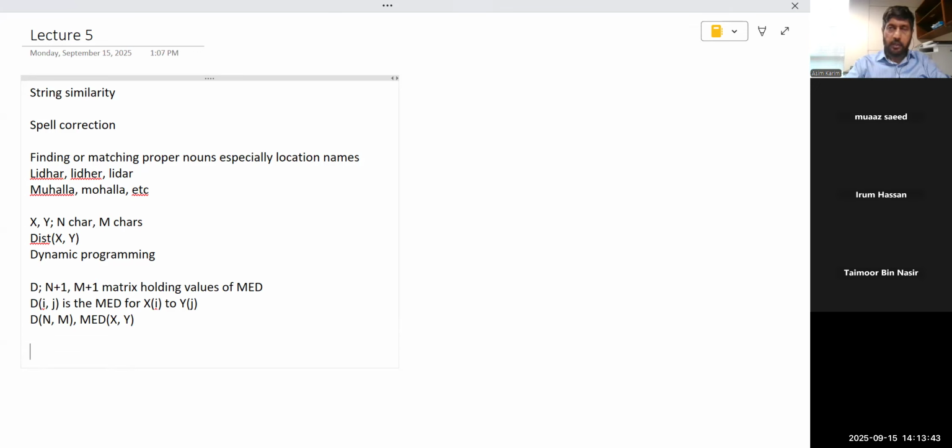And we mentioned that there are three operations that are typically used in converting one string to the other, which are insertion, ठीक है, deletion, and substitution. ठीक है? Yeah, of course, if there is no change, there is no substitution. ठीक है?